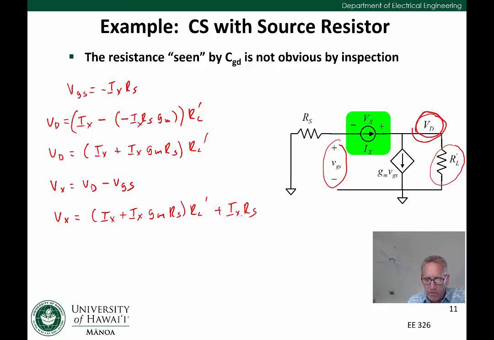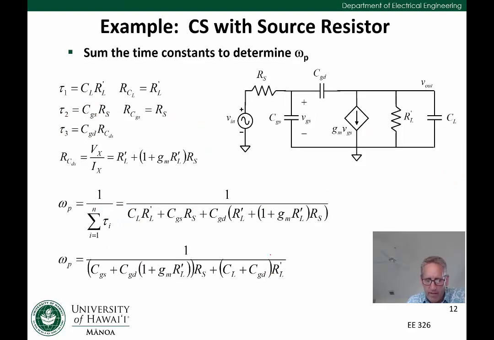Therefore, the ratio of those two, Vx over Ix, which is RCGD, is going to be equal to RL prime plus 1 plus gm RL prime times Rs, if we simplify it.